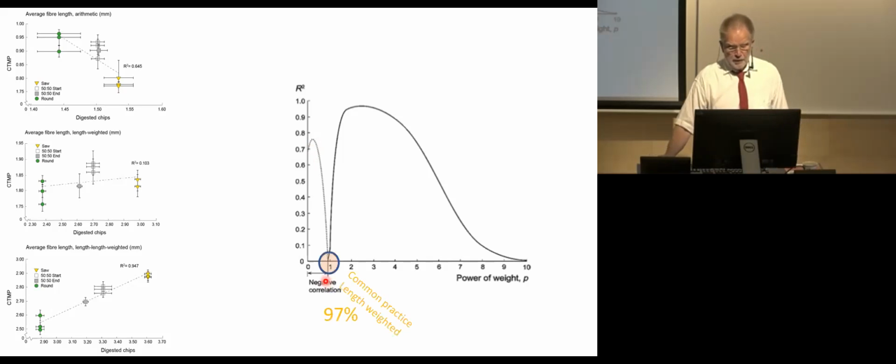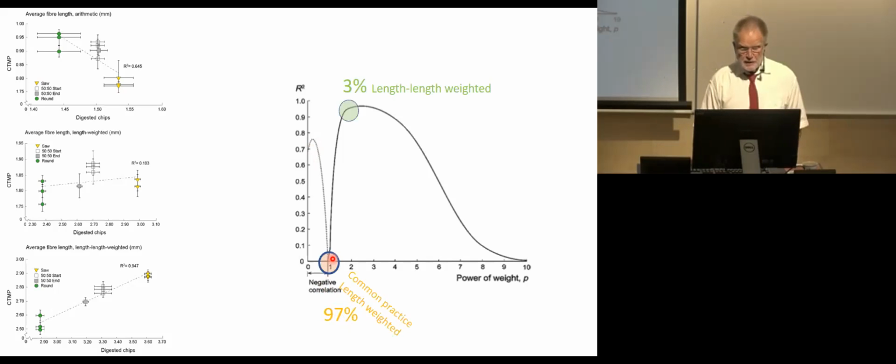Here where we operate, common practice, as I mentioned, the length-weighted, used by about 97% of the publications I went through, there is no correlation between what we feed to the refiner and what we get out. However, just close to that, you can see we get a strong correlation.